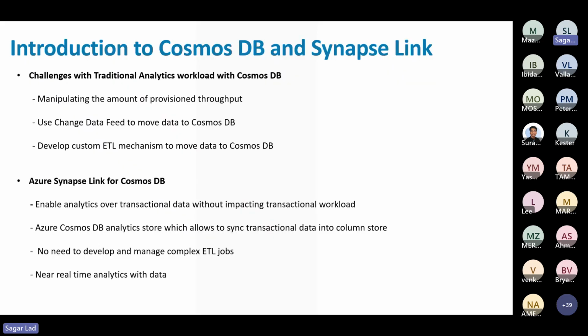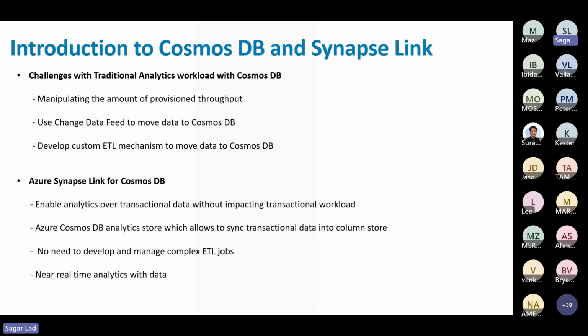First of all, if you want to enable near real-time streaming, why do we have to use Cosmos DB and Synapse Link, and what are the current challenges? Let's look at the challenges with the traditional analytics workload with normal Cosmos DB.